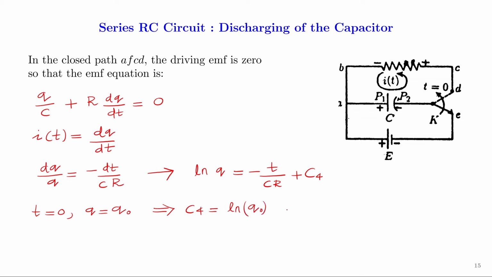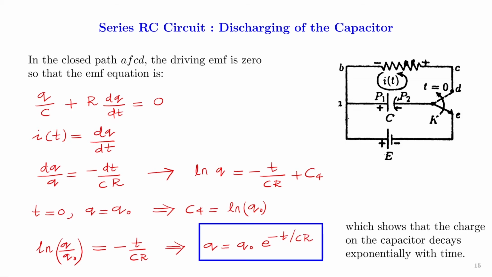Therefore, the equation can be written as natural logarithm of q over q0 equal to negative of t over CR, or this can be written as q equal to q0 times e raised to minus t over CR. This equation shows that the charge on the capacitor decays exponentially with time.